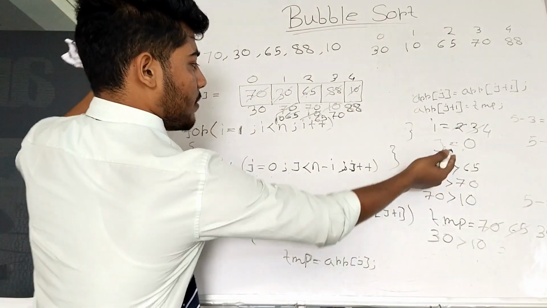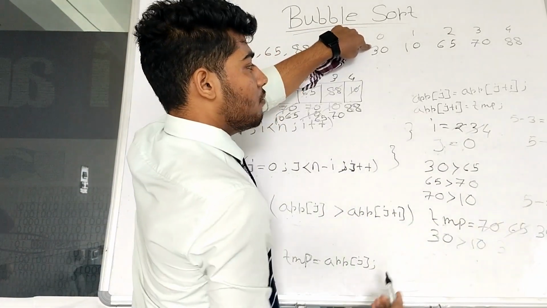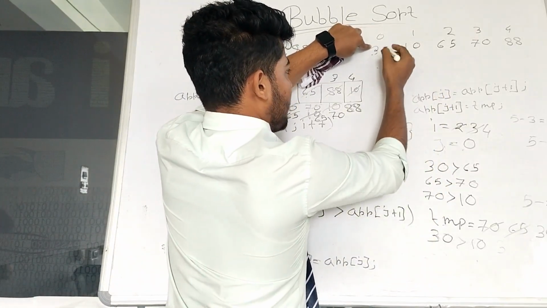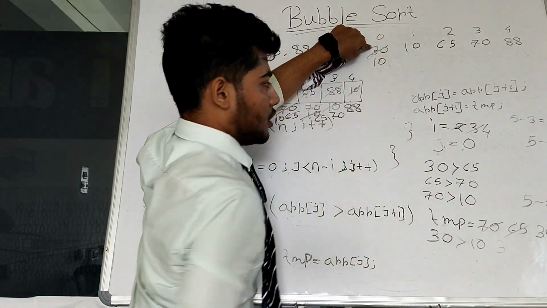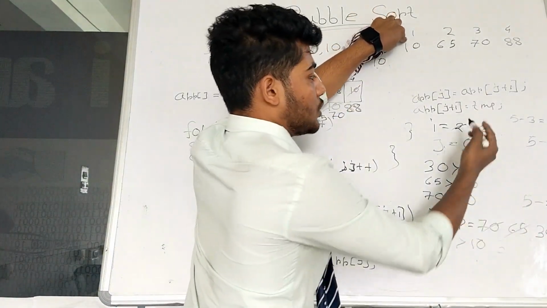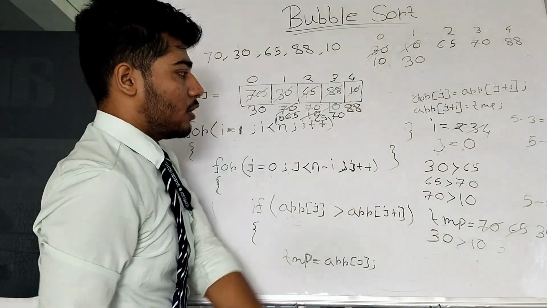Now arr[j], the arr[0] position, will get the value of arr[j+1], which is 10. So 10 will come into this position. And now arr[j+1], this position, equals tmp. tmp is 30, so 30 will come here.